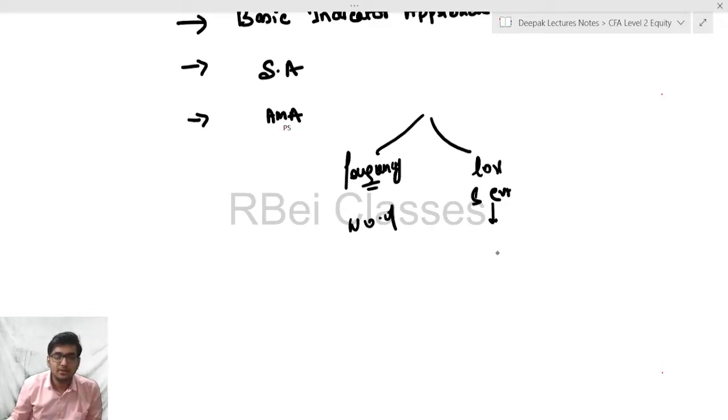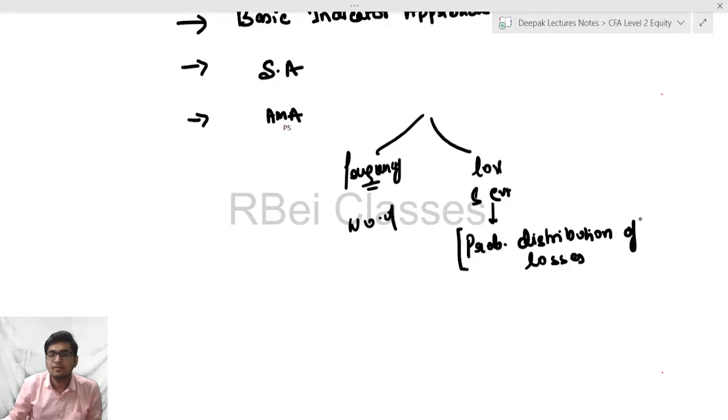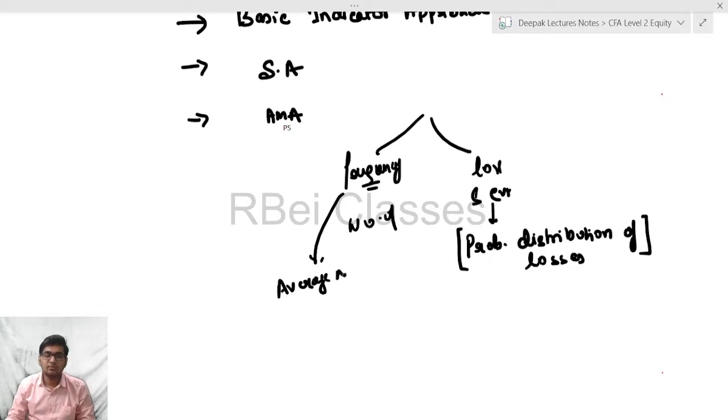It is defined as the probability distribution of losses. And what is the frequency of losses? It is defined as the average number of losses in 1 year.